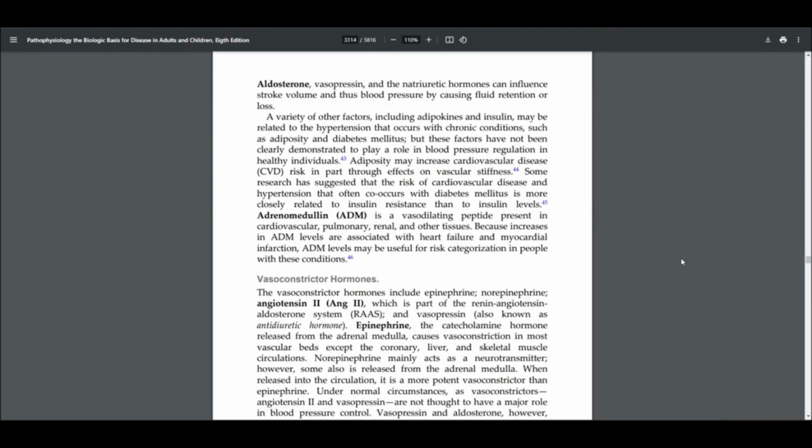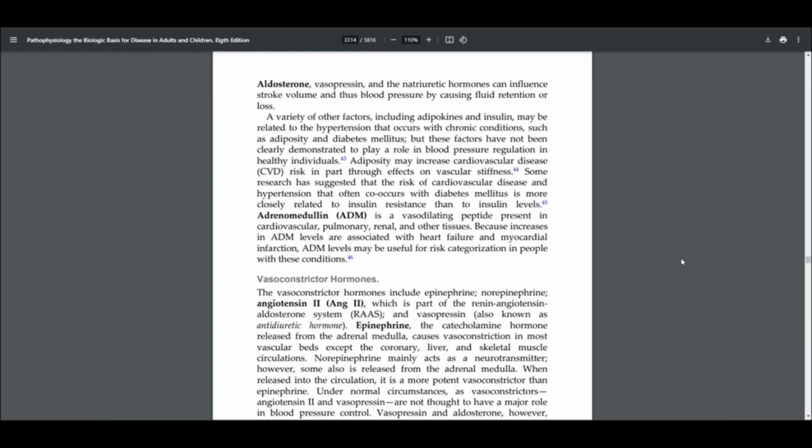Aldosterone, vasopressin, and natriuretic hormone can influence stroke volume and thus blood pressure by causing fluid retention or loss. A variety of factors, including adipokines and insulin, may be related to the hypertension that occurs with chronic conditions such as adiposity and diabetes mellitus.